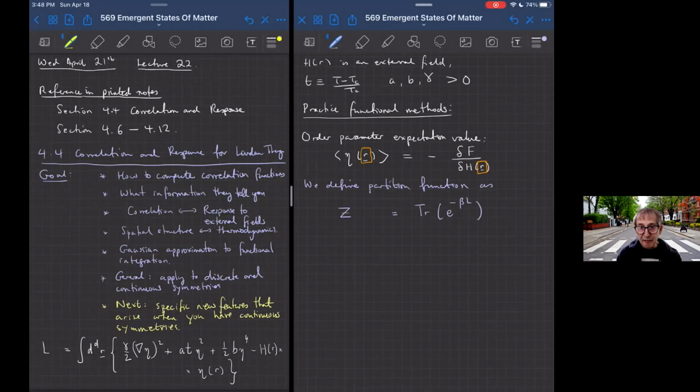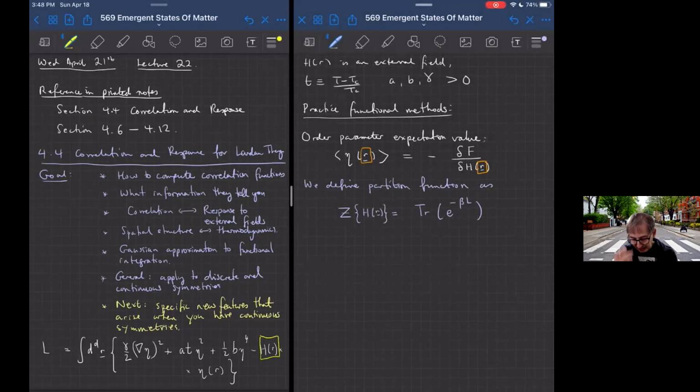And because the Landau free energy depends on the external magnetic field, after I've integrated out the eta degrees of freedom, the order parameter degrees of freedom, the partition function itself is a function of the field H of r.